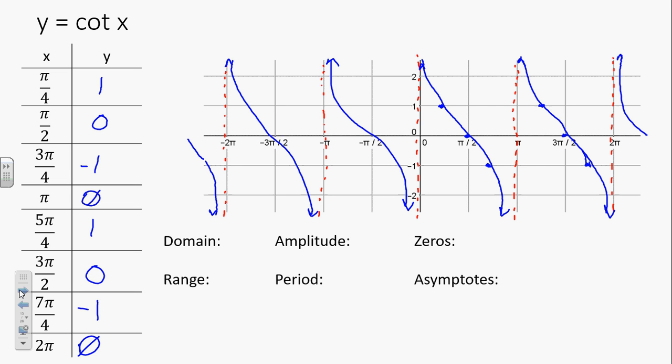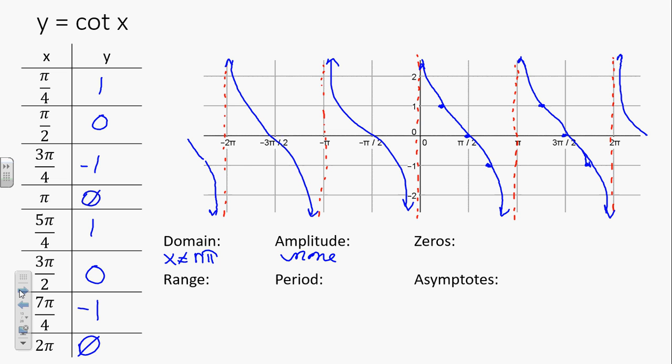All right, so domain. So 2 pi, 1 pi, 0 pi, can't be n pi. Pi n, either way. Amplitude? Zeros. Oop, we do have zeros.